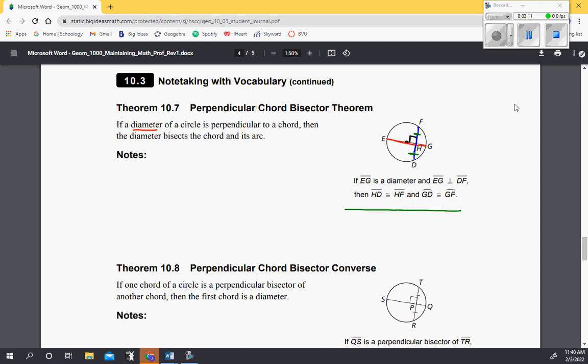That also says something about our arcs. It says that GD will then be congruent to GF. It bisects, it cuts it in half. Everything, our chord and our arcs. But it has to be a diameter. It can't just be any other chord.